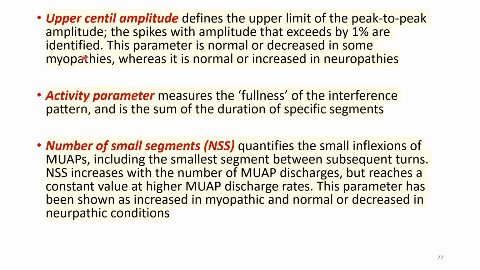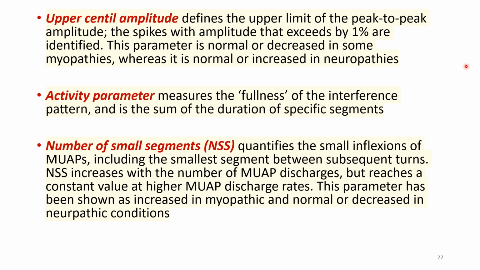Next, coming to the upper centile amplitude. What is this upper centile amplitude? It defines the upper limit of the peak to peak amplitude. One peak is there, another peak is there. What is the difference between them, the upper limit of the peak to peak amplitude? The spikes with amplitude that exceeds by 1% are identified.